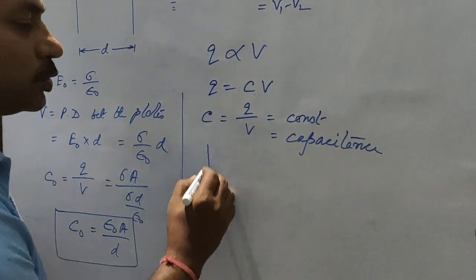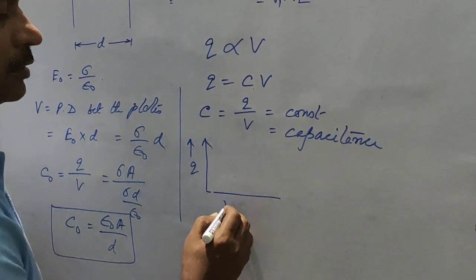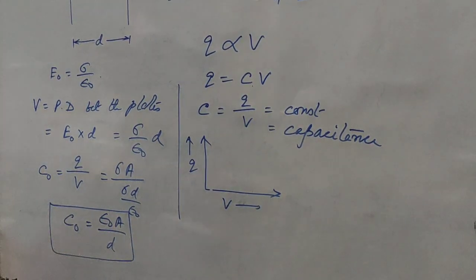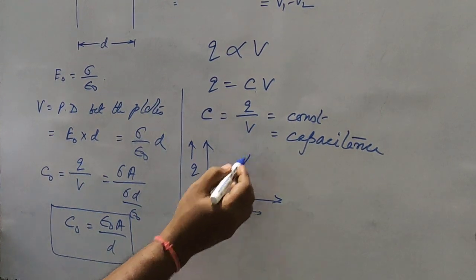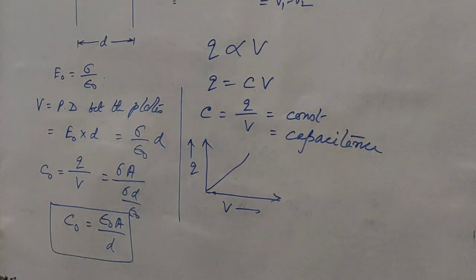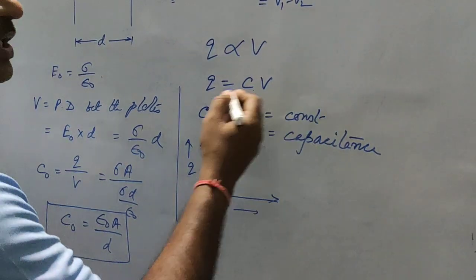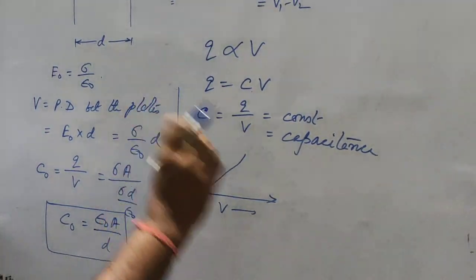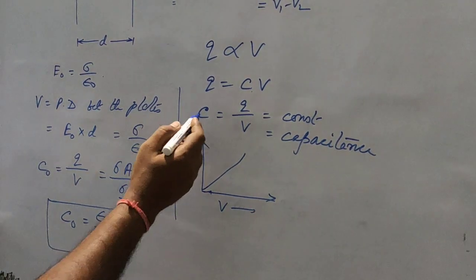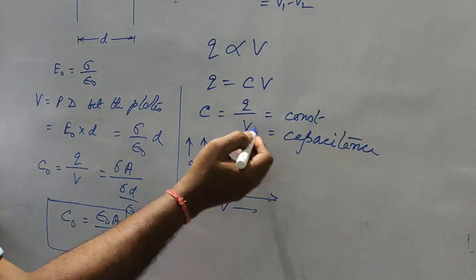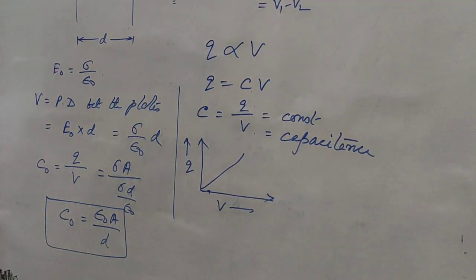If anybody asks you to plot a graph between Q and V, you know Q is directly proportional to V, so you can directly plot a graph like this. So capacitance is basically the ratio of charge to potential difference, but it does not depend upon charge or potential difference. Rather, capacitance depends upon two terms.